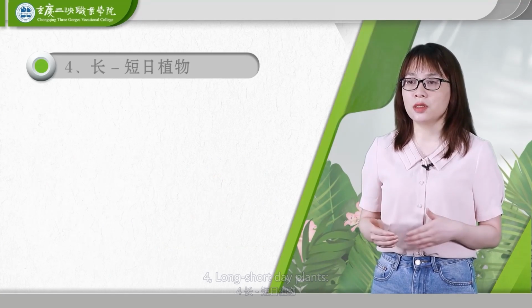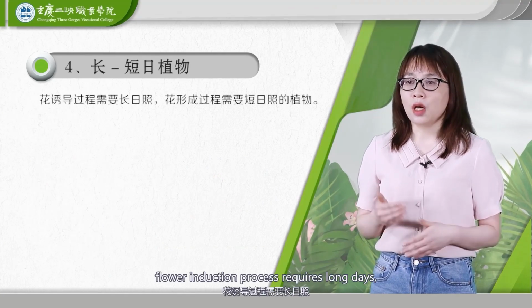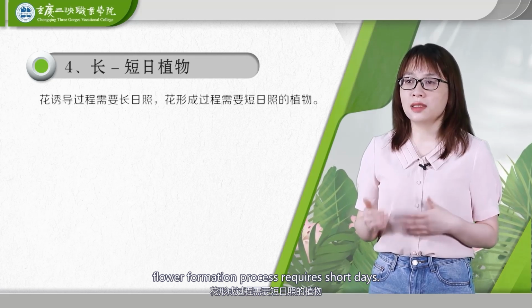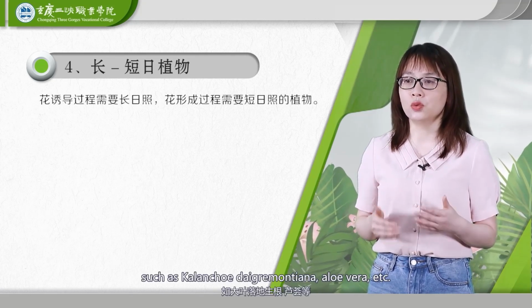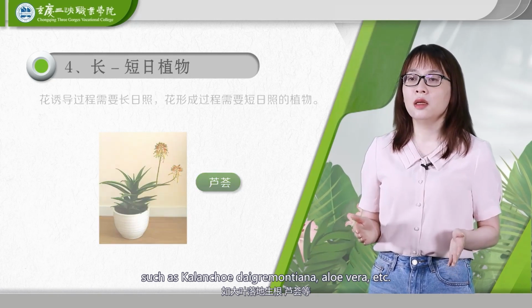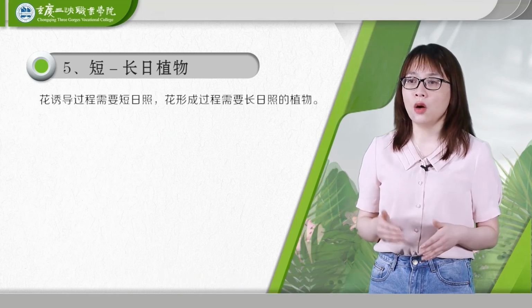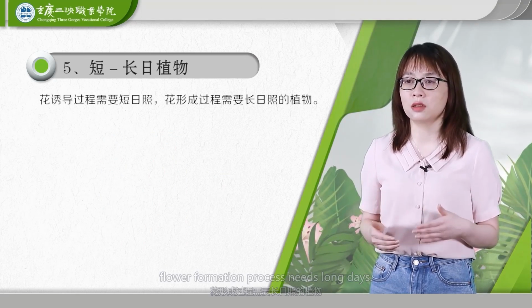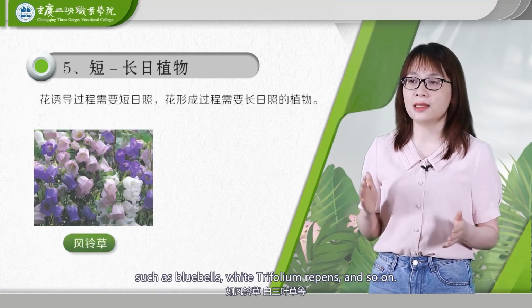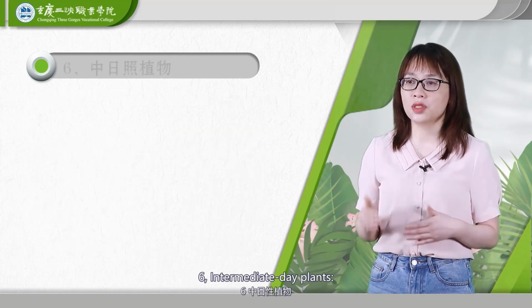4. Long short day plants. For these, the flower induction process requires long days, and the flower formation process requires short days, such as Kalanchoe daigremontiana, aloe vera, etc. 5. Short long day plants. Flower induction process needs short days, flower formation process needs long days, such as bluebells, white clover, and so on. 6. Intermediate day plants.